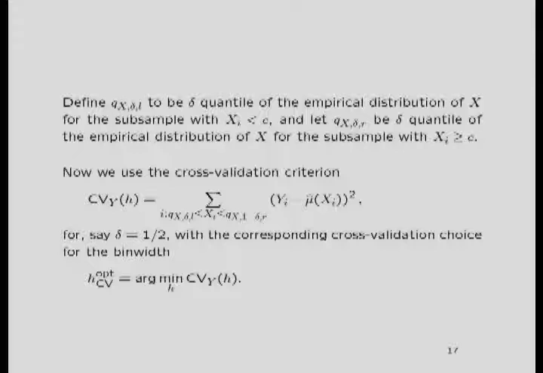Now we can think of looking for a cross-validation criterion that minimizes the sum of the squared differences between the actual outcomes and the estimated regression function, but the regression function is always based either on observations to the left or on observations to the right of the cutoff point.